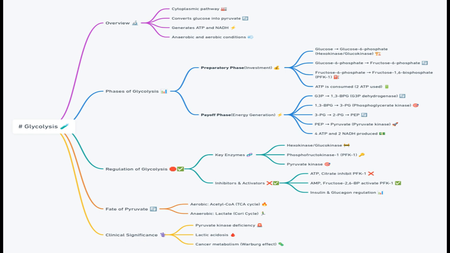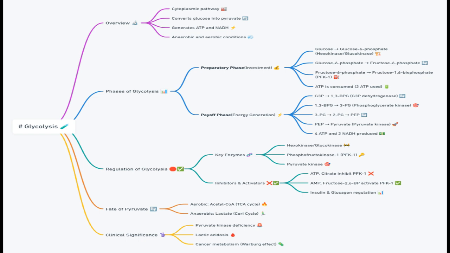hydroxyacetone phosphate, and there you have your triose phosphate isomerase, and with 6, that is glyceraldehyde 3 phosphate, and the enzyme here is glyceraldehyde 3 phosphate dehydrogenase.